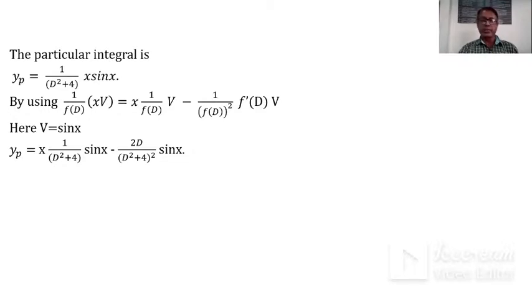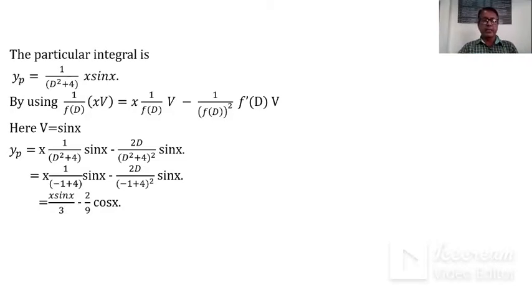Again, we substitute here d square by minus 1. Here a is 1. We obtain this is equal to x 1 upon minus 1 plus 4 into sin x minus 2d upon minus 1 plus 4 whole square sin x. After simplification, we get x sin x upon 3, minus 2 upon 3 square, means minus 2 upon 9, and derivative of sin x is cos x.